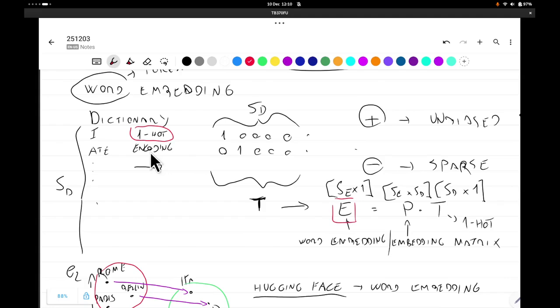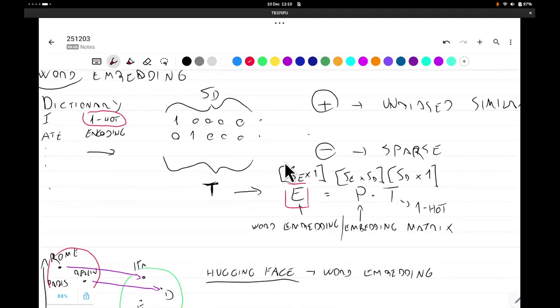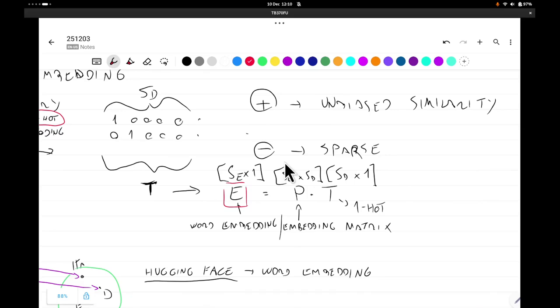We need to define a dictionary, so we accept all these possible inputs, and then we set a vector that has the same size of the dictionary, D, and the first item is 1000, the second is 0100. And as naive as this looks like, this has been the basis of many successful models, not only language, I mean very, very loudly for languages, but also for chemical representation.